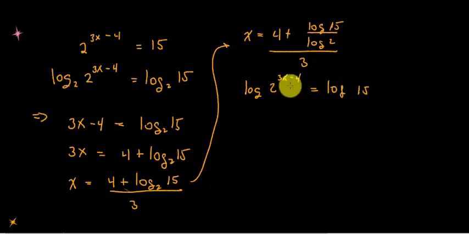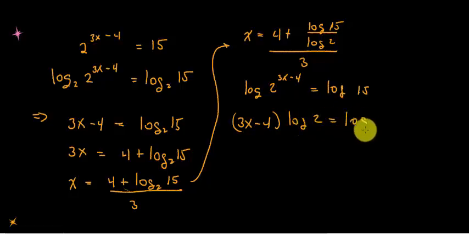And now I will simply use my power rule. I'll bring this power down in front. And so this would give me 3x minus 4 times the log base 10 of 2 is equal to log base 10 of 15.